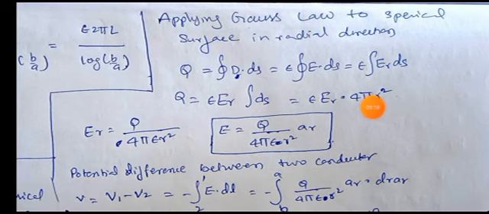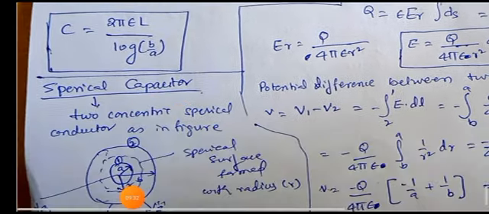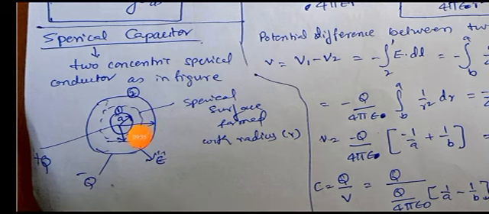This is the area of the electric flux around the inner sphere. Around the inner sphere, you see the sphere. This is my electric flux around the inner sphere, in the form of a sphere whose radius is r.